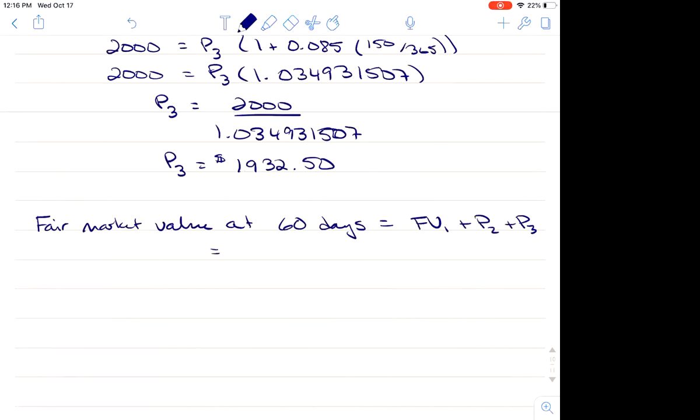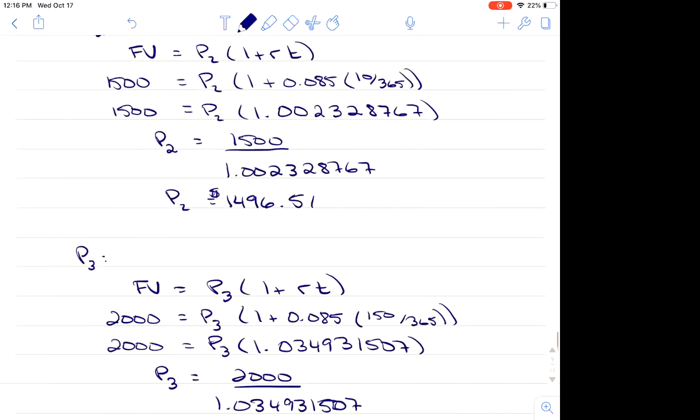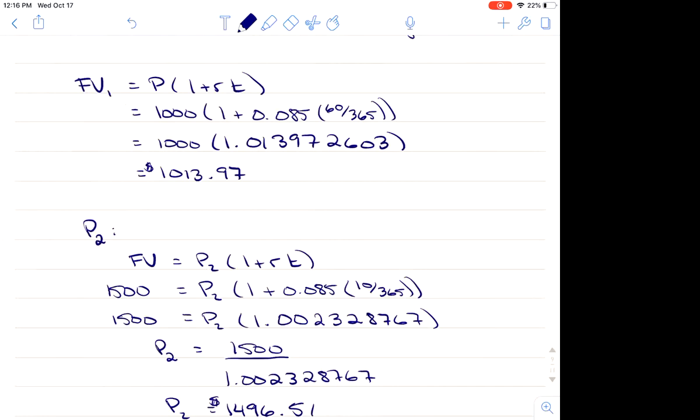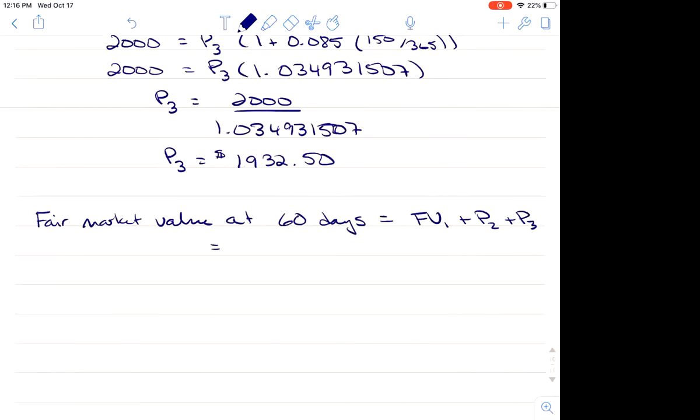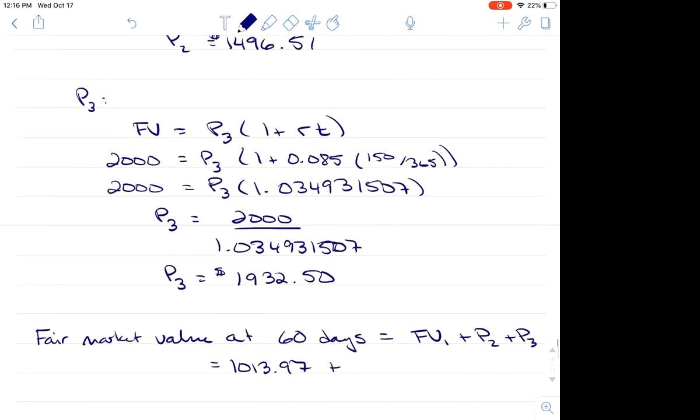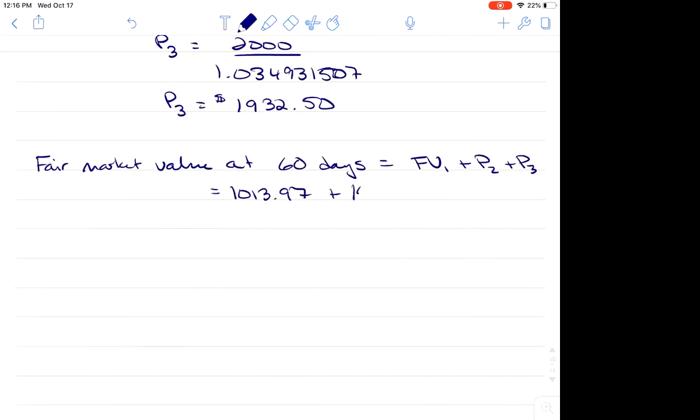Future value 1 was 1,013.97 plus P2, which was 1,496.51, plus P3, which was 1,932.50.